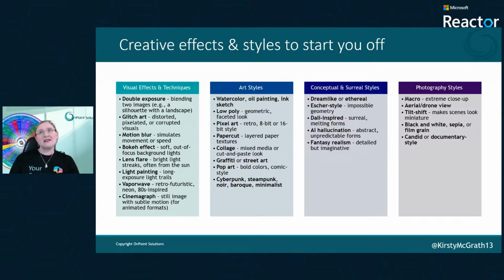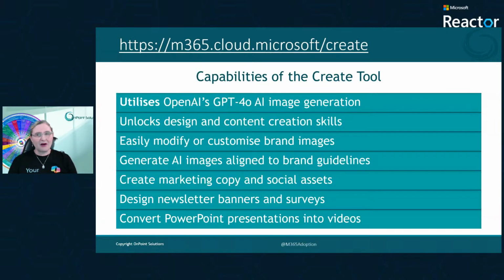Now, one of the things in terms of capability is the new Create tool, and you're going to find that now in your m365.cloud.microsoft environment. If you go in there in terms of Create, there are new capabilities that have come into play, and it also flows through into our applications, such as PowerPoint. It's using the new OpenAI GPT-4.0.